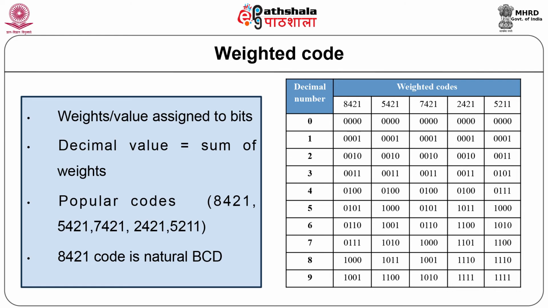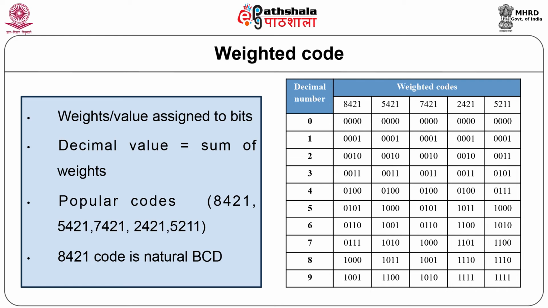In other words, the decimal number in weighted code can be written as sum of products of weight and the number itself. Most popular weighted codes are 8421, 5421, 7421, 2421, 5211 as shown in this table.